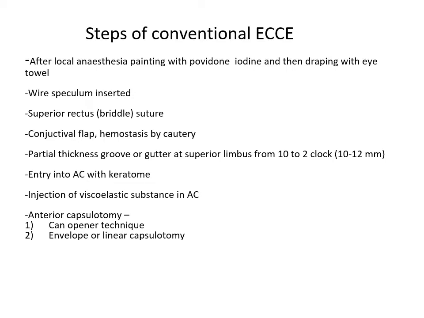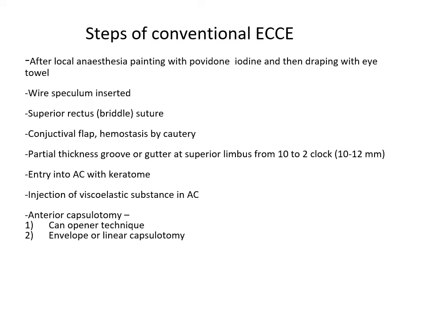So first, after local anesthesia, povidone iodine painting and draping of the eyeball is done. Then a wire speculum is inserted to separate the eyelids. After that, a superior rectus bridle suture is taken so as to fix the eyeball in down gaze position. Also, it helps in the delivery of the nucleus.